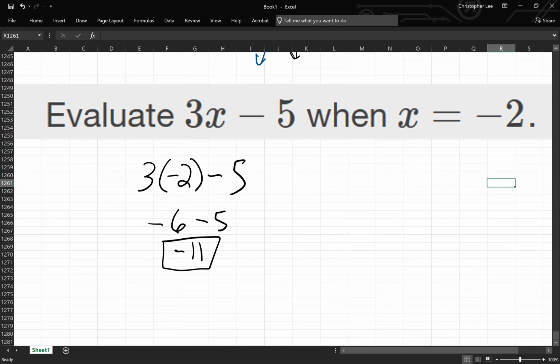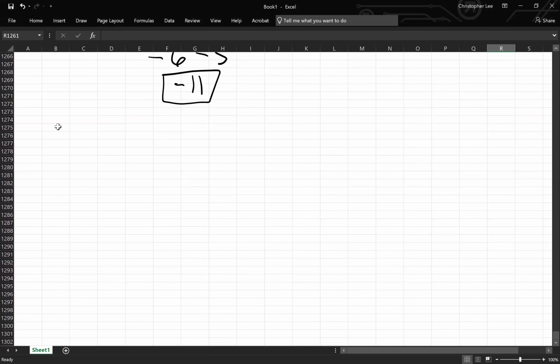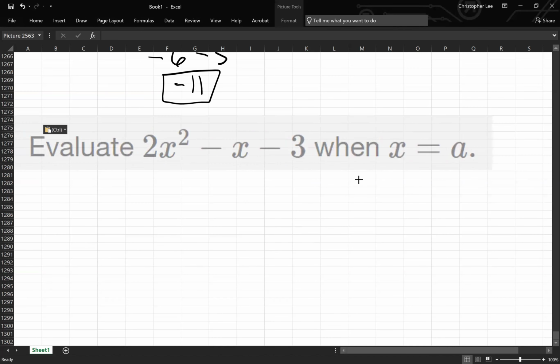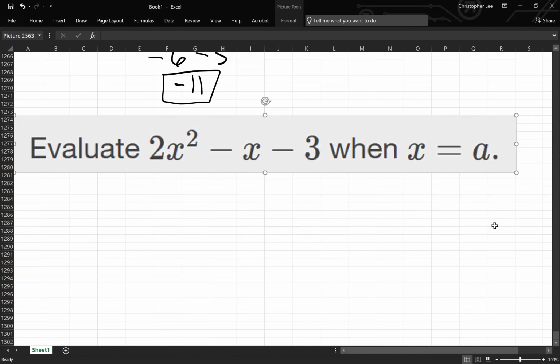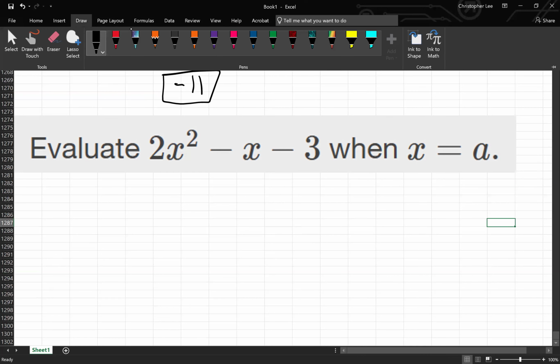All right, let's try another one. Let me see if y'all gonna get this one though. This is a little bit harder. We never talked about this before. So I want to evaluate 2x squared minus x minus 3 when x is equal to a. Tell me what to do. No, a is what I want you to plug in.